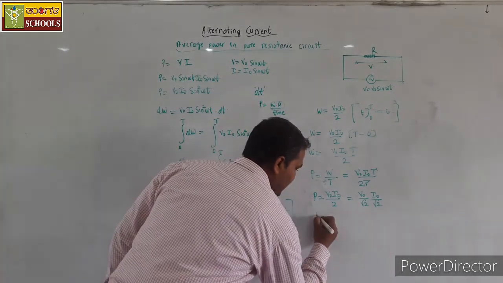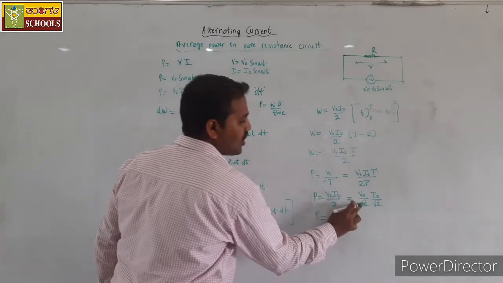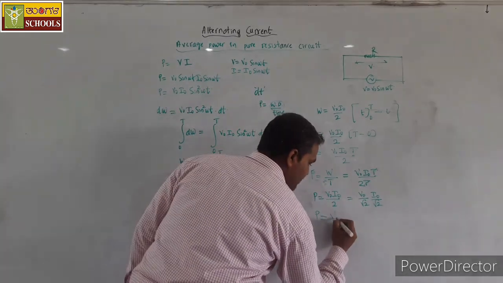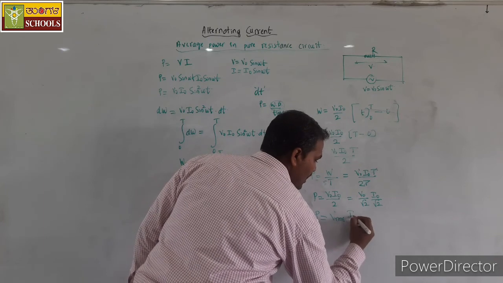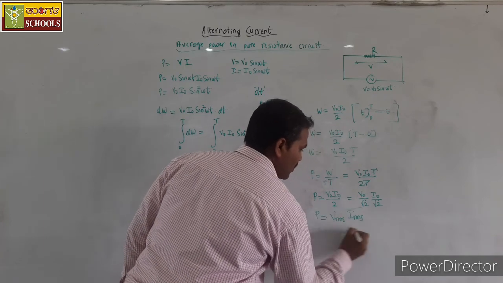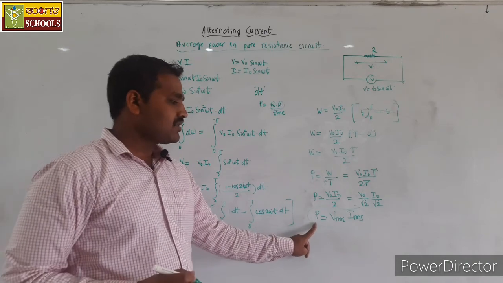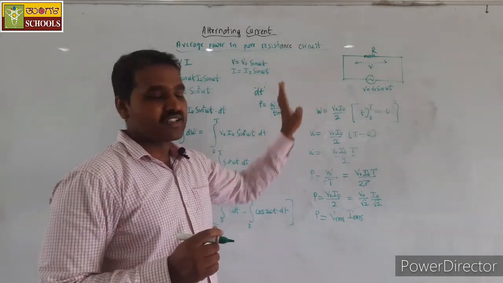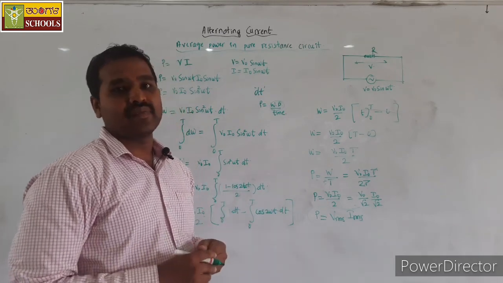V naught by root 2 is the RMS value of the voltage. So I can write this as V RMS into I RMS. This is the expression for the power consumed in a pure resistor circuit for one complete cycle.